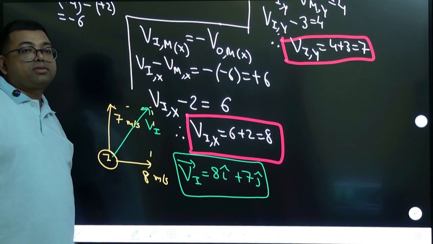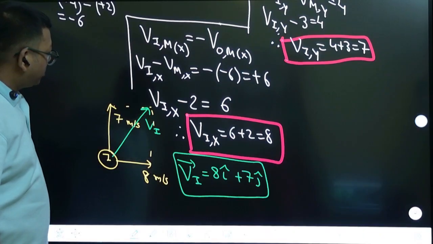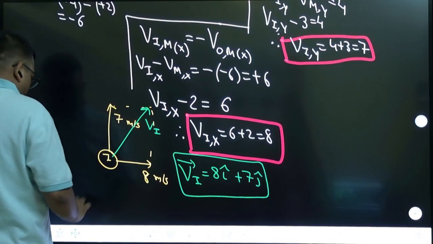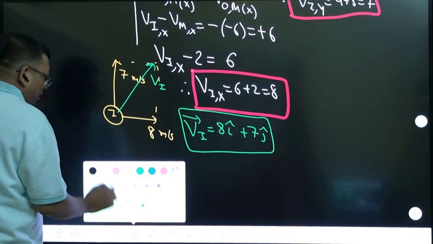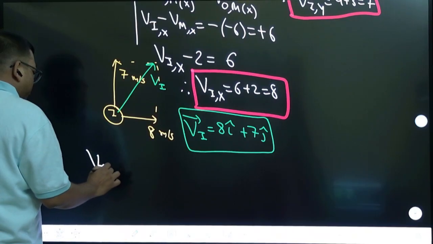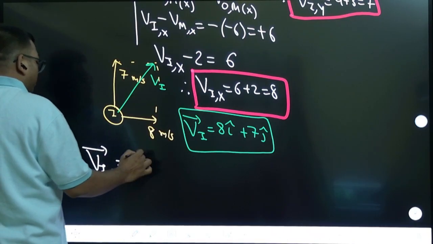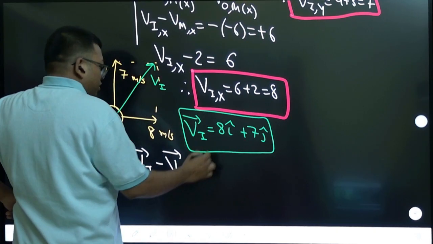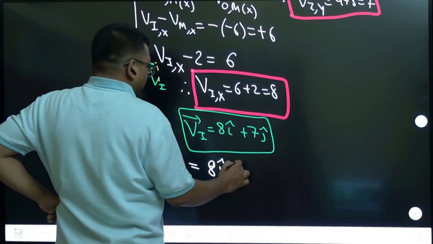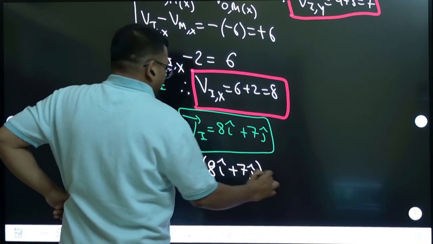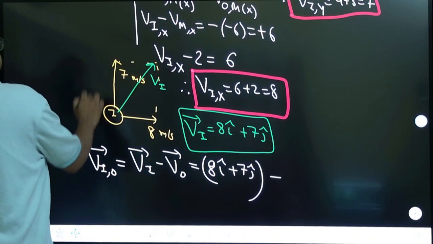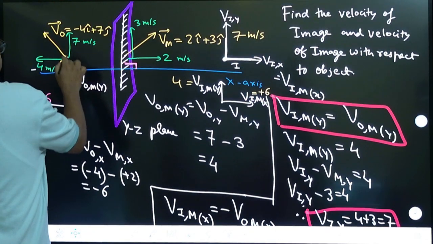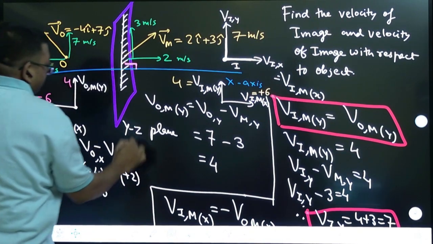Okay, velocity of image with respect to object, now we will calculate. So velocity of image with respect to object. Now directly calculate velocity of image minus velocity of object. Write as vector. So this we have already calculated, 8 i cap plus 7 j cap minus object velocity, which is already given in the question: minus 4 i cap plus 7 j cap.